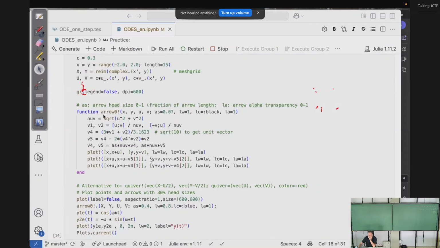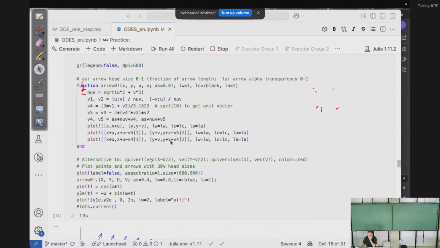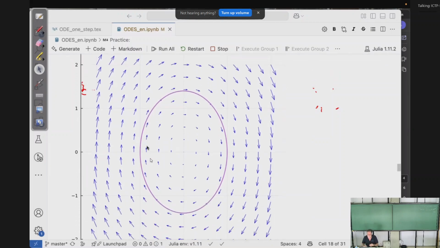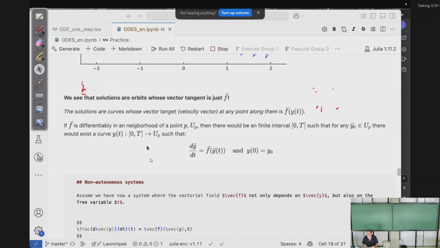This function arrow, which is the definition, will plot arrows. So then we use it to plot the arrows everywhere. Because you want to plot the arrow, the line, and then the head of the arrow in a way that, if this vector is small, the head is also small. It's very messy, but you can use it. Now you know.